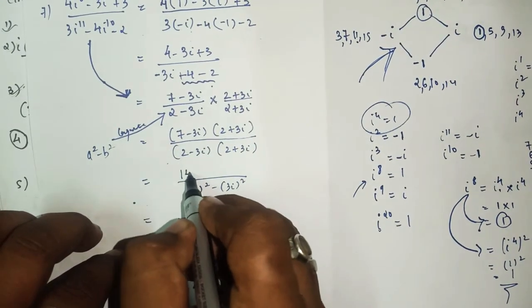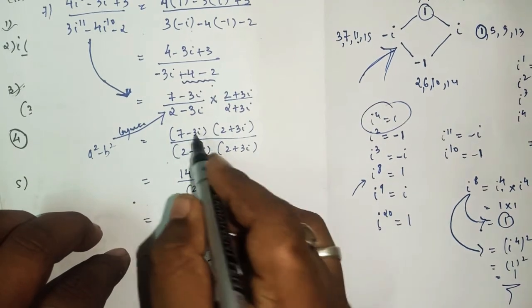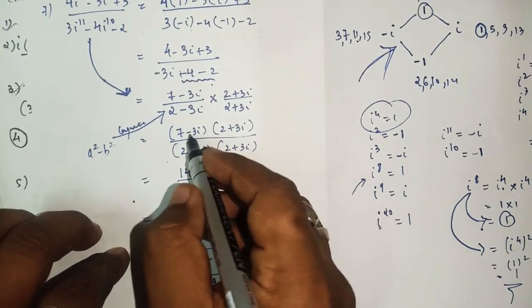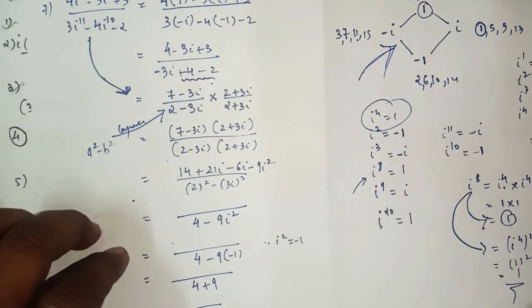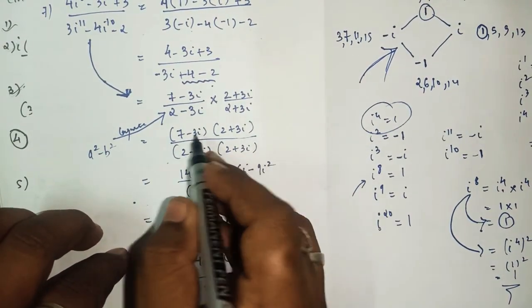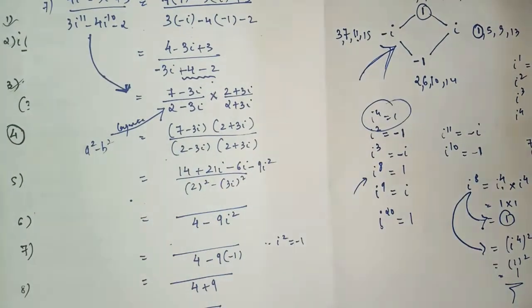Now we'll solve this part. 7 2s are 14, plus 7 3s are 21i, minus 3 2s are 6i, minus plus minus 3 3s are 9i square, because here we have 3i times 3i, 3 3s are 9 into i square, minus plus minus.